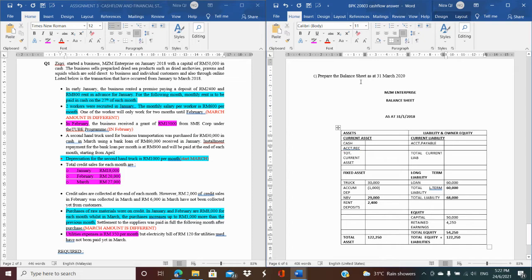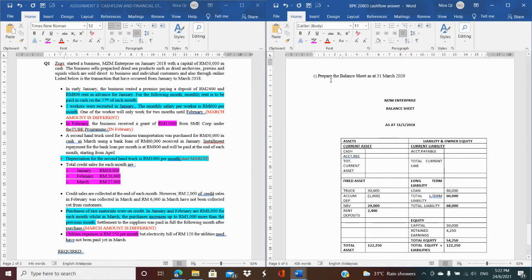The formula for the balance sheet is assets equals liabilities plus owner equity. So this is the balance sheet of MZM Enterprise.